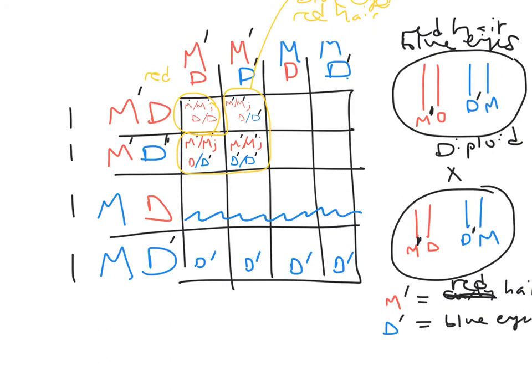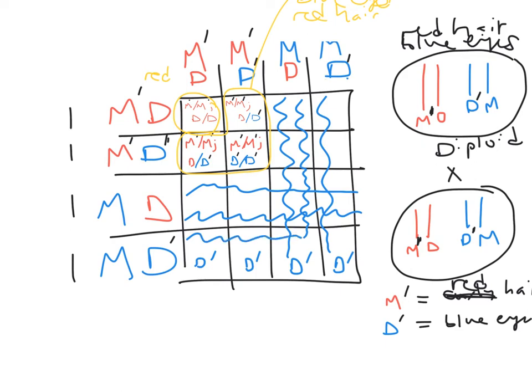And in this column, we're not going to get eye color either. And in neither of these are we going to get red hair, or in the 3rd row, or in the 4th row for hair color. Okay.